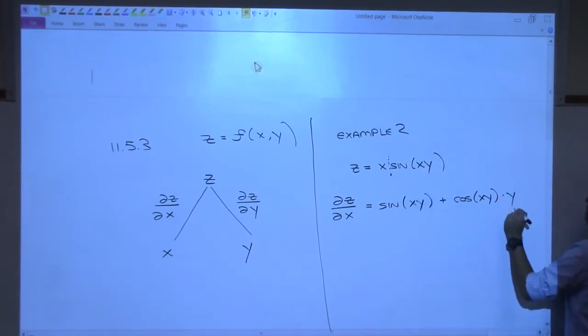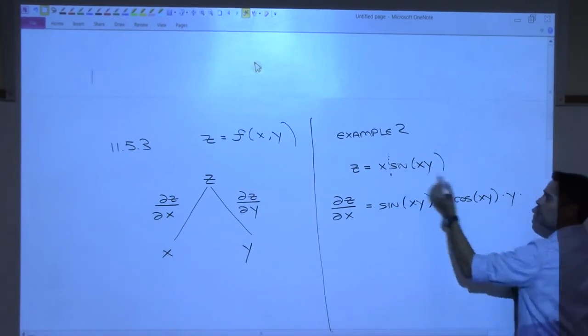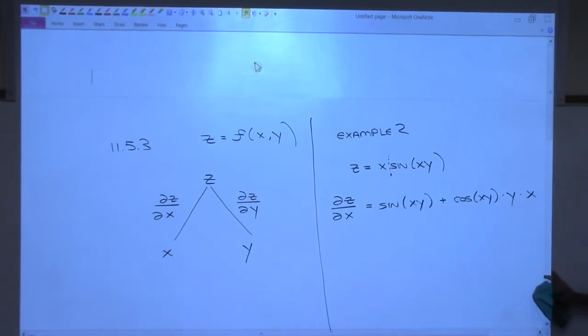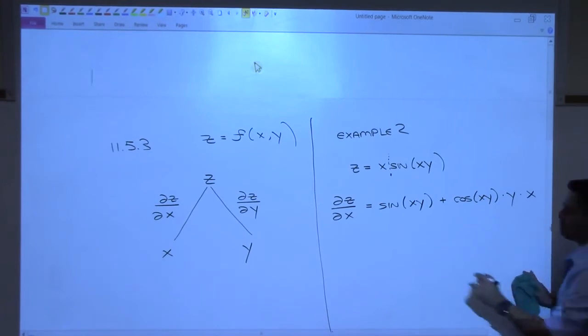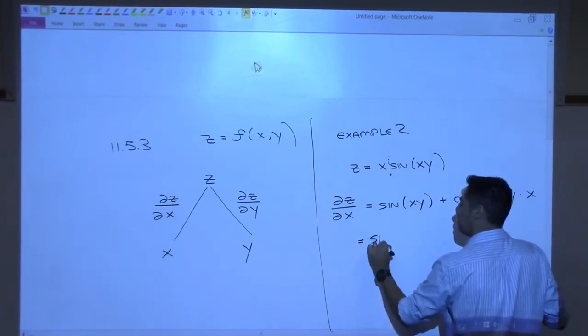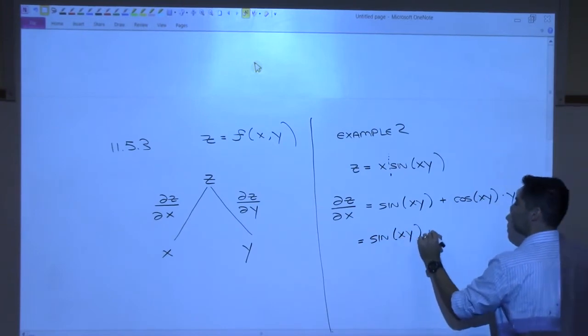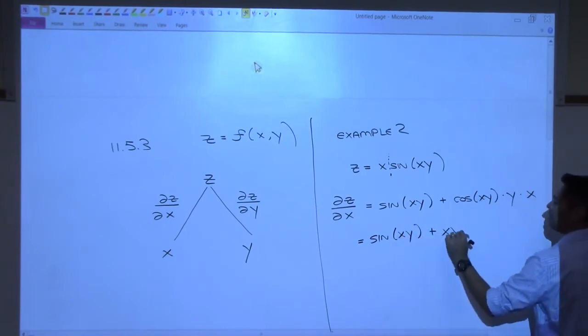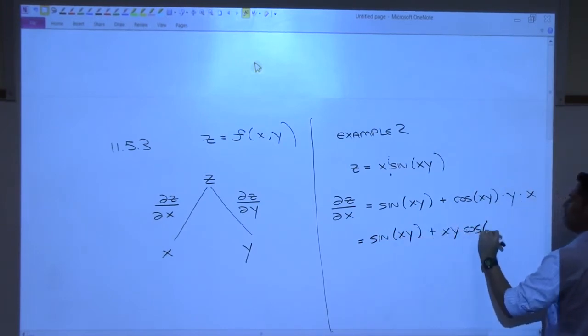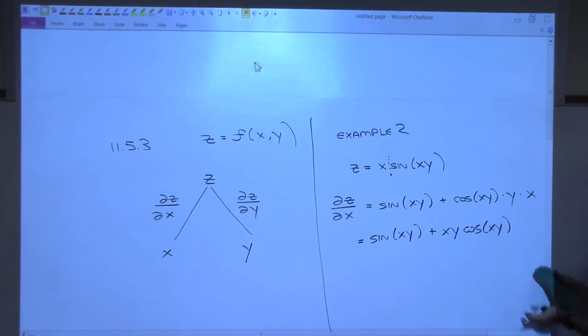Y. And then finish off product rule, x. We did that last class, didn't we? So this is sine xy. I think I'm just going to clean it up a little bit. xy cosine xy. Okay, so there's your partial of z with respect to x. Questions?